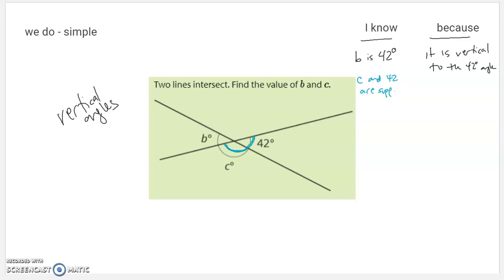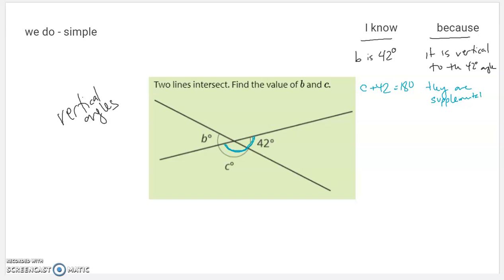I'll just write sup. Actually, I can even do better than that. I can do C plus 42 equals 180. How about that? I think I even like that better. C and 42 are 180 degrees together. And I know that because they are supplemental. I like that even better than the first thing I said.